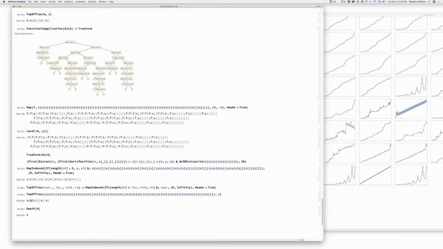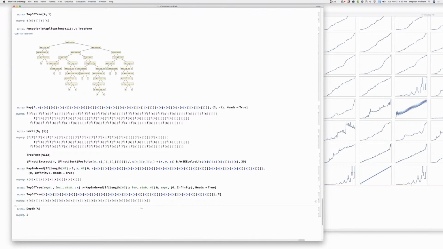So at this position here, that is, oh, it's because of asymmetry between heads and other things. It's not a big deal. Okay, so that's that stub.